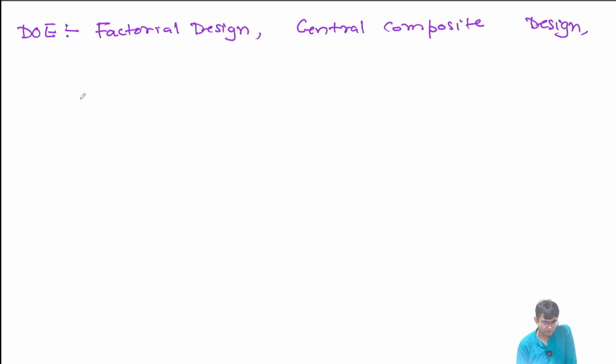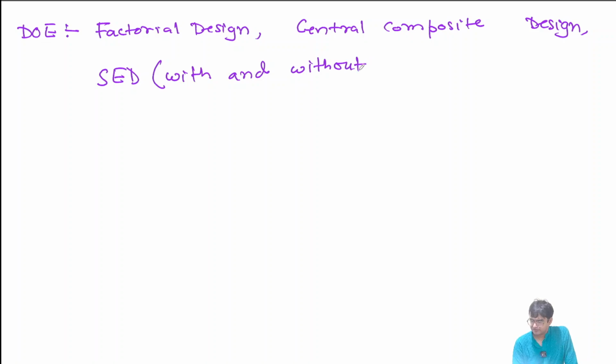And then I will directly go to sequential experimental design with and without uncertainty. Fundamentally most of the time we will spend on sequential experimental design, because that is the state of the art, and other things are not used that much nowadays, with and without uncertainty.